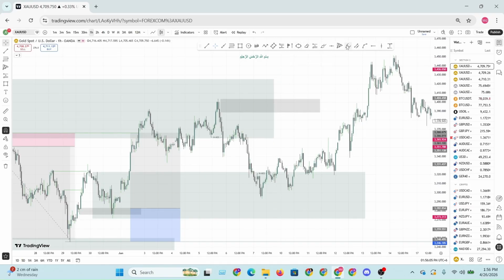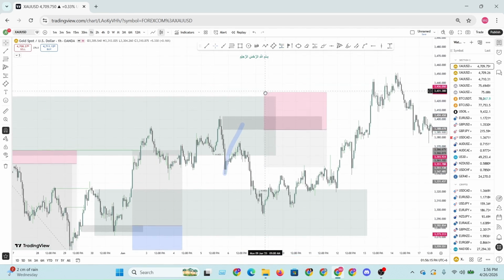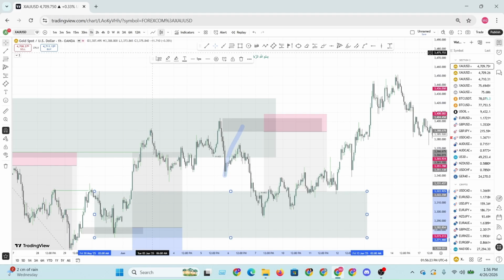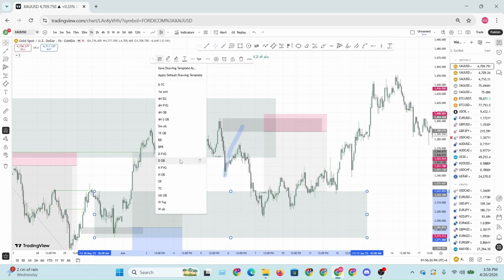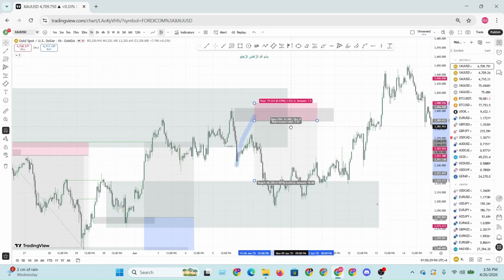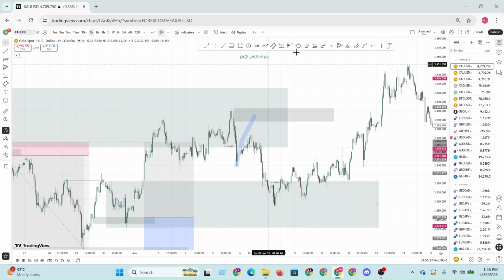So the market didn't come here, came here. If it came, then we would take a shot like this from this daily to this daily. So it didn't come and we didn't execute any entries here.